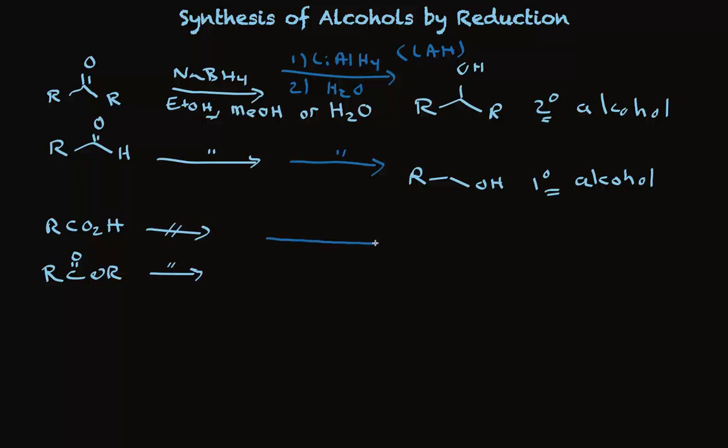But unlike sodium borohydride, you can use excess LAH followed by water to make a primary alcohol from a carboxylic acid. And the same is true when esters are treated with excess LAH followed by water.